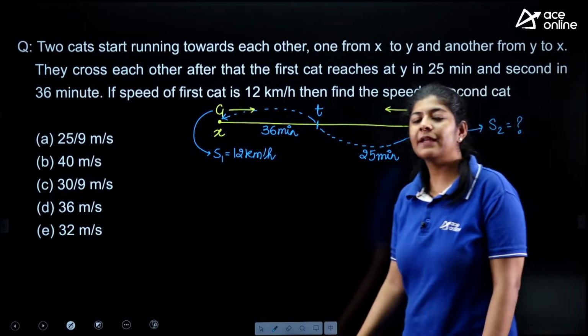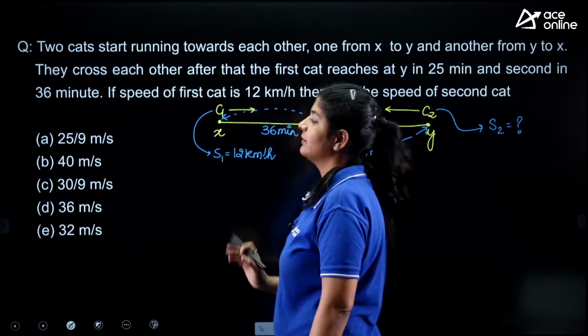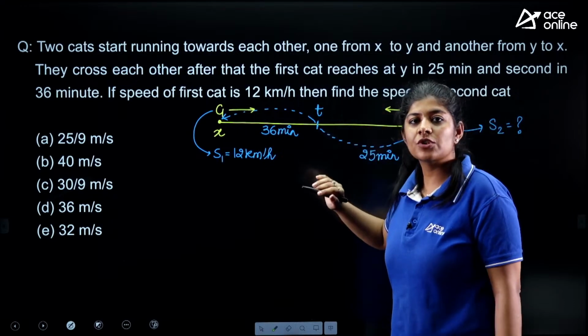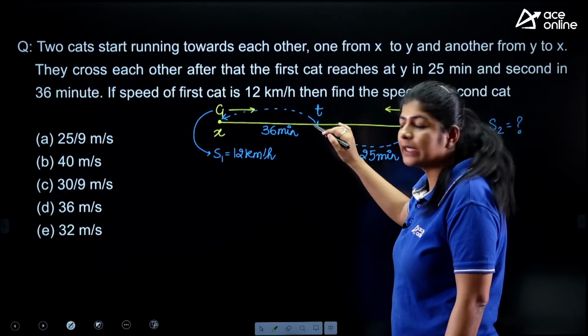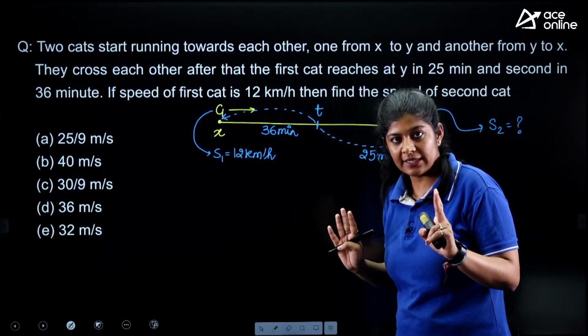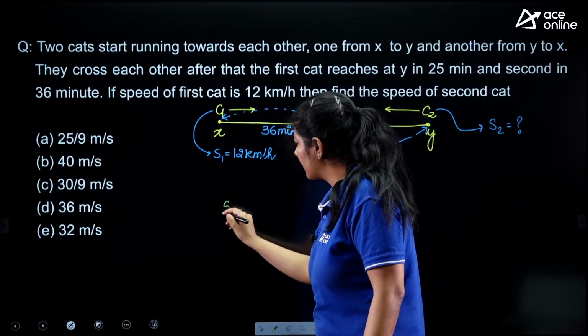So very simple one. All we need to do is apply a direct formula. Whenever we have a question in which there is a meeting point, and after meeting they take some time to reach their destinations, just apply this formula.